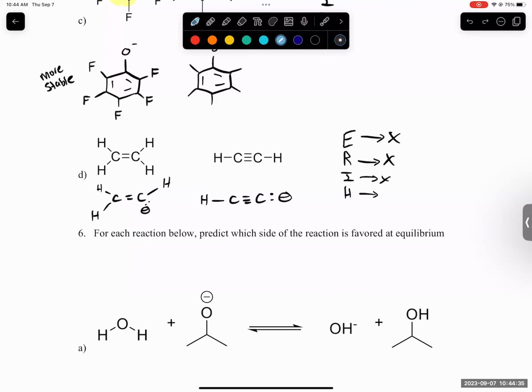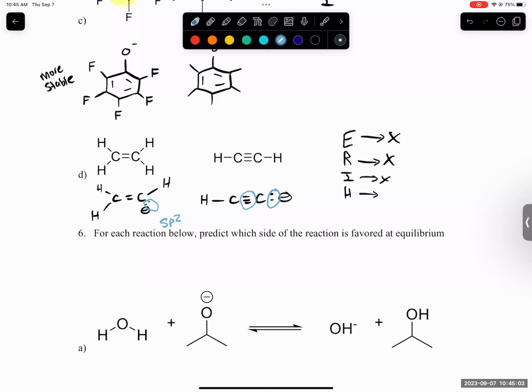How many electron regions do we have around that atom? 1, 2. Remember, double and triple bonds count as 1 electron region because it's in one area. So 1, 2. sp hybridized.